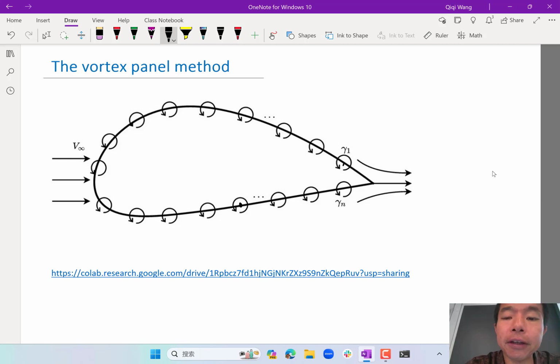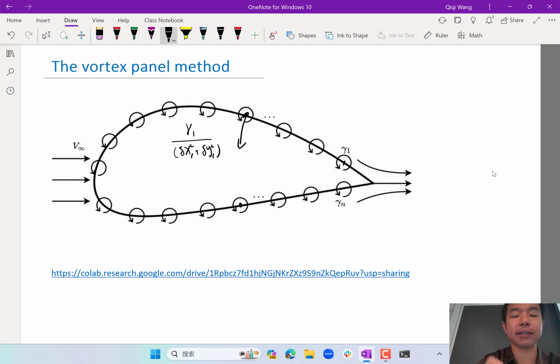The induced flow of gamma 1 on this location is equal to gamma 1 divided by delta x squared plus delta y squared, where delta x and delta y are the distance between this point and gamma 1. Maybe I should say delta x1 and delta y1.